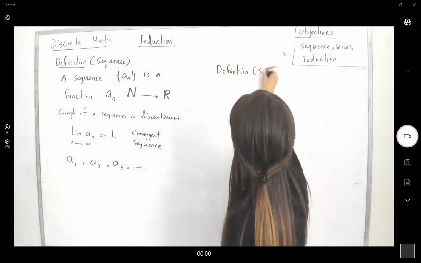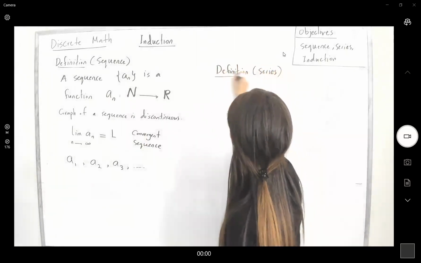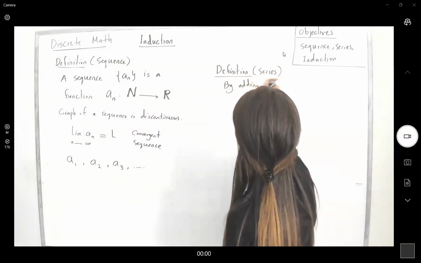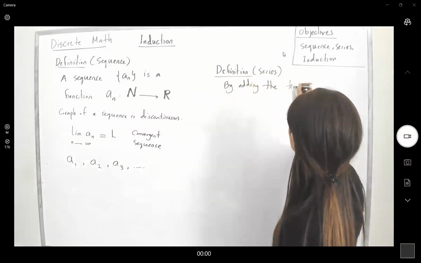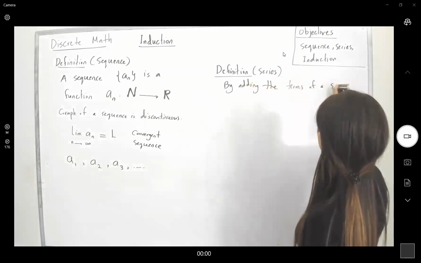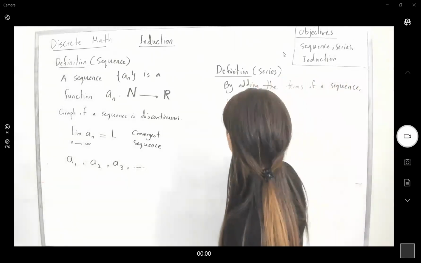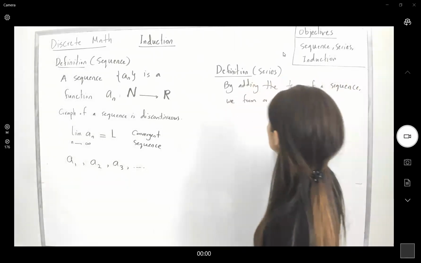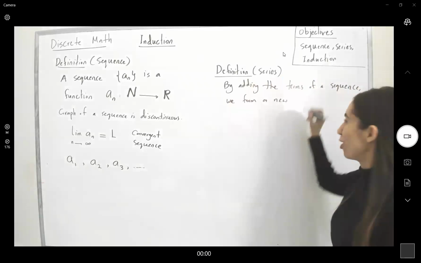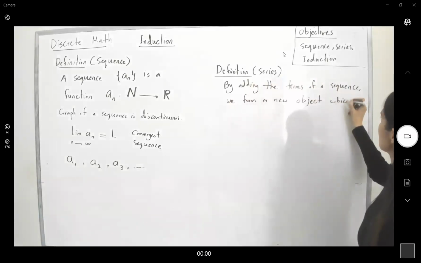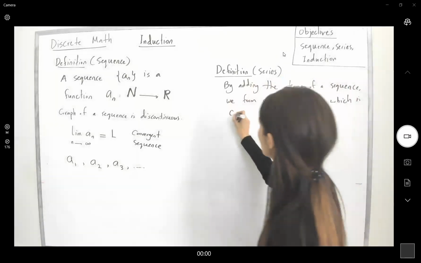Definition of series. By adding the terms of a sequence, we form a new mathematical object, which is called a series.